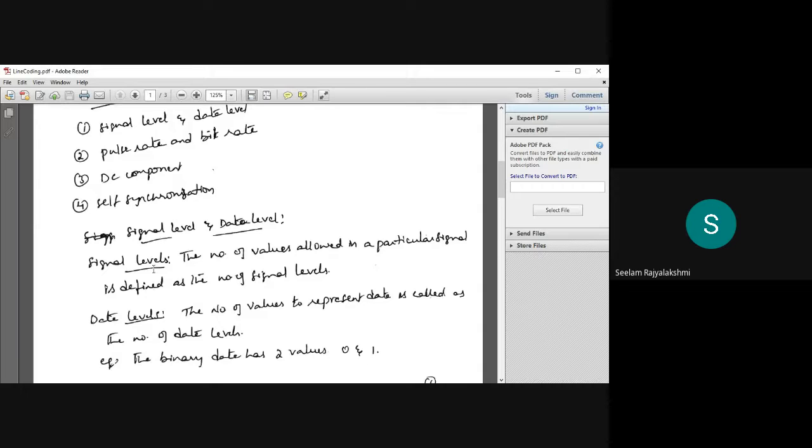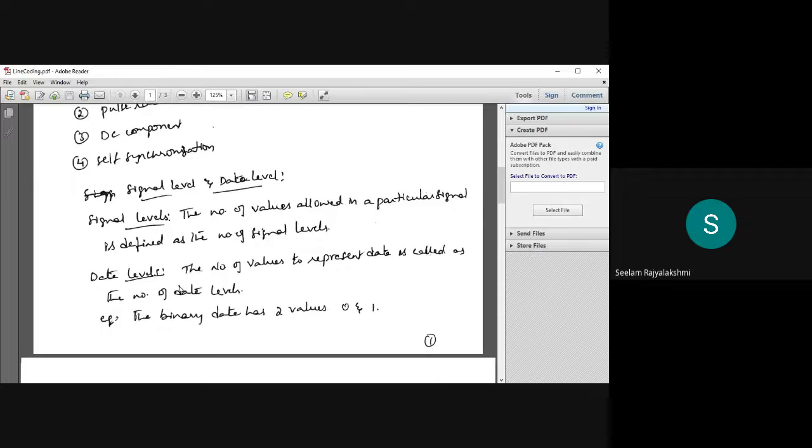What is signal level? The number of values allowed in a particular signal is called the number of signal levels. We will see it in the diagram. And data levels: the number of values to represent data is called the number of data levels.